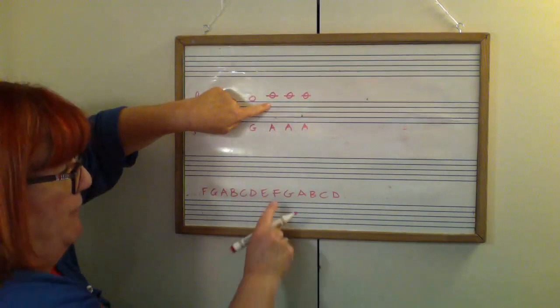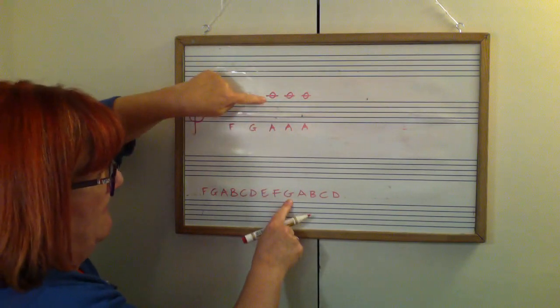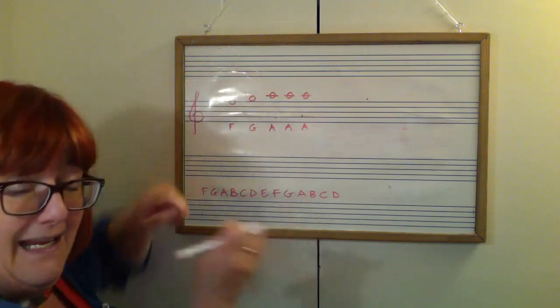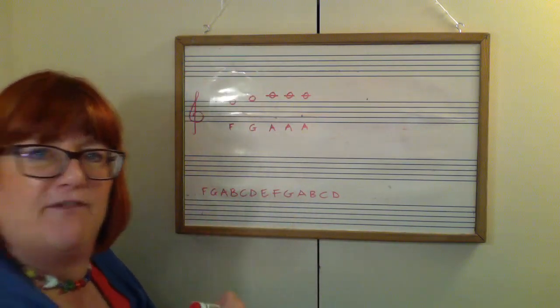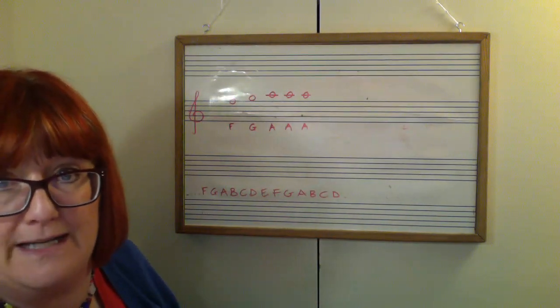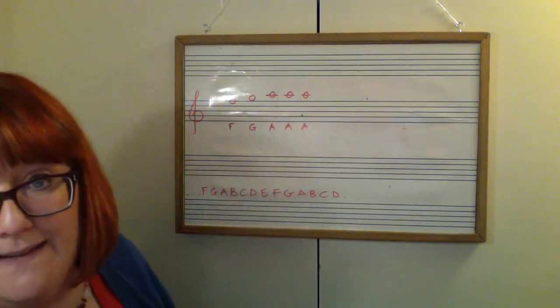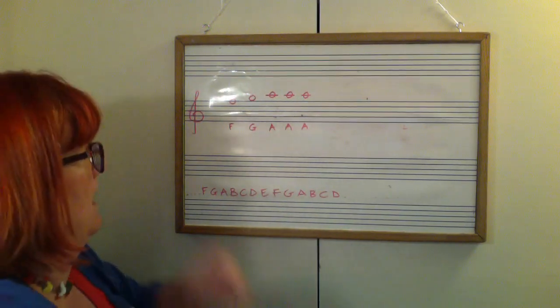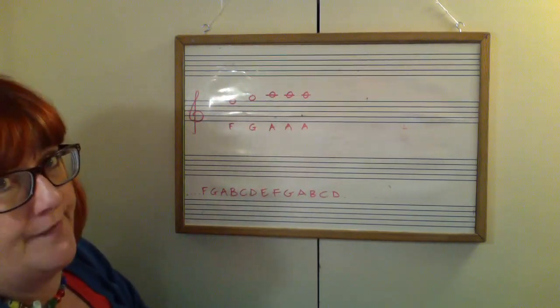After F in our alphabet, we have G. So G must go into that space. So the next line must be A. Well, let's just carry on a bit further up then, because if you ever play the flute or the violin, you will get used to reading these ledger lines very, very easily, because you have loads of them.